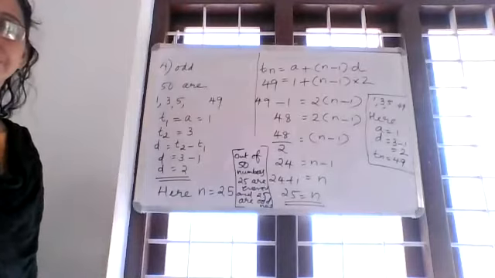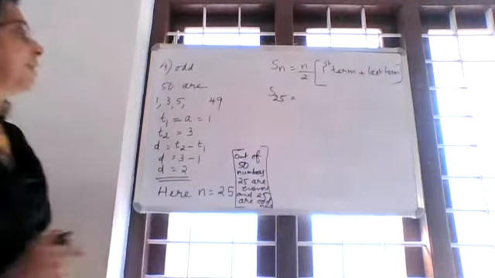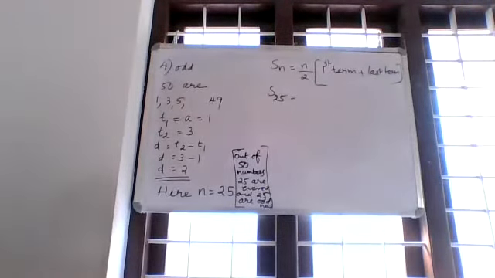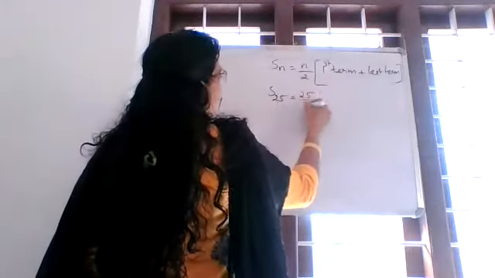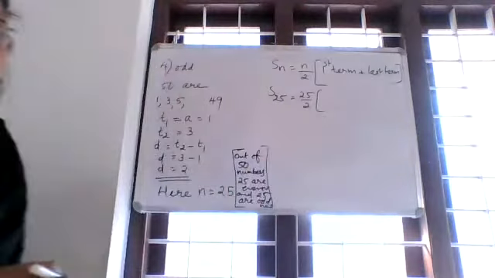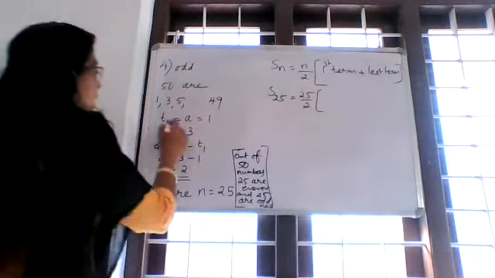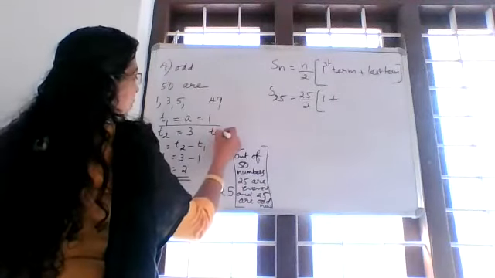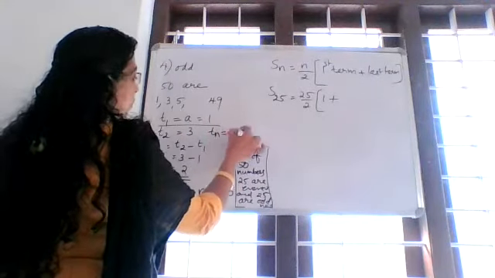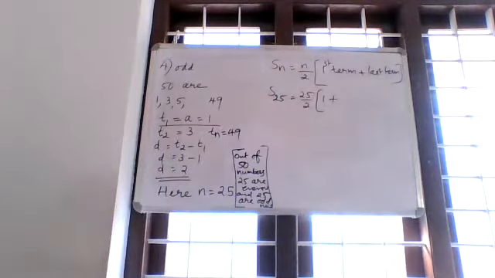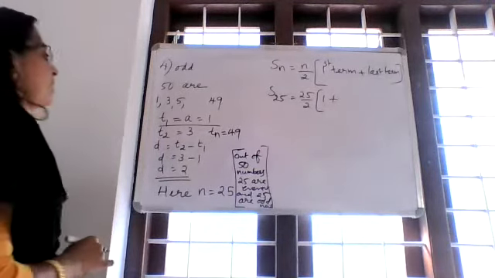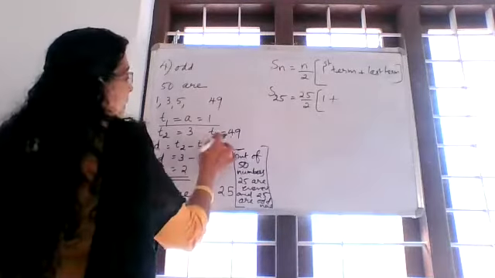That's enough. Sn is equal to n by 2 into first term plus last term. So S25 is equal to n by 2, meaning 25 by 2, into first term 1, plus last term. Here you write, Tn is equal to... that also we want to write: first term plus last term Tn.